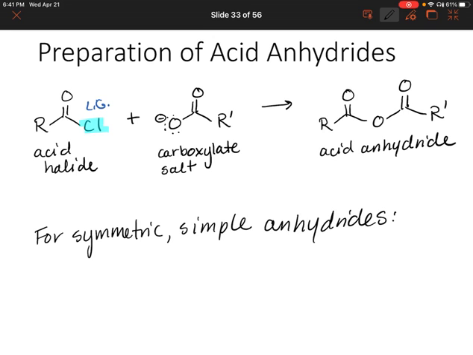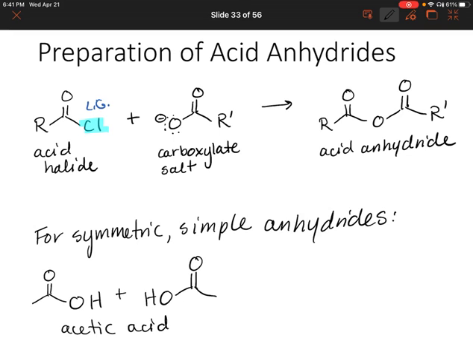So for instance, let's say we have acetic acid as our carboxylic acid. If we react these two together, nothing's going to happen unless we heat up the reaction to a really high temperature of 800 degrees Celsius. And then we end up producing this simple symmetric anhydride.